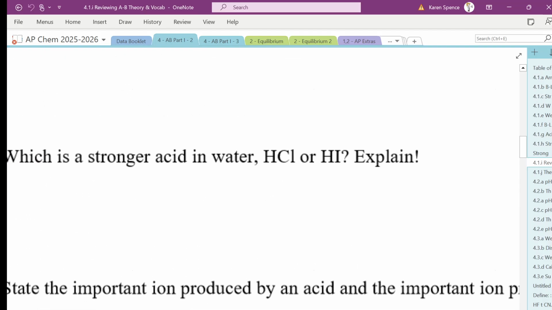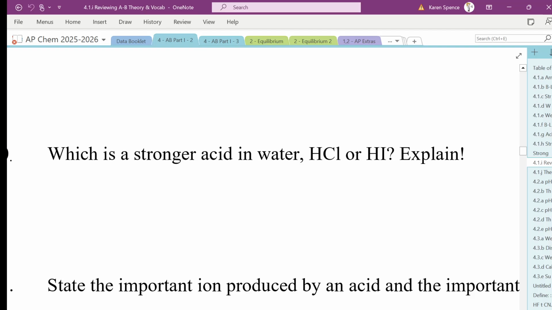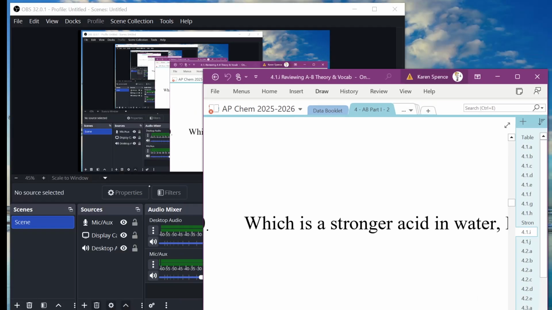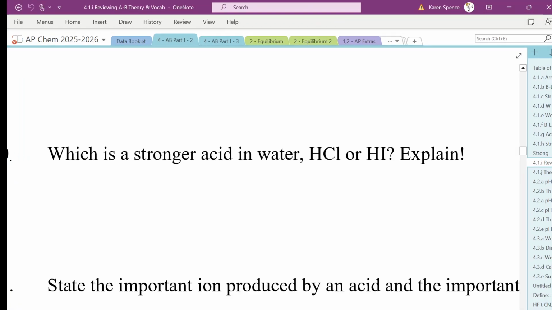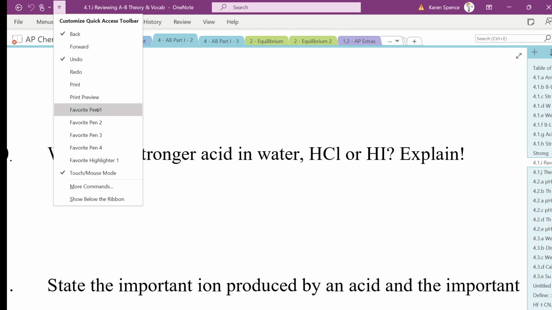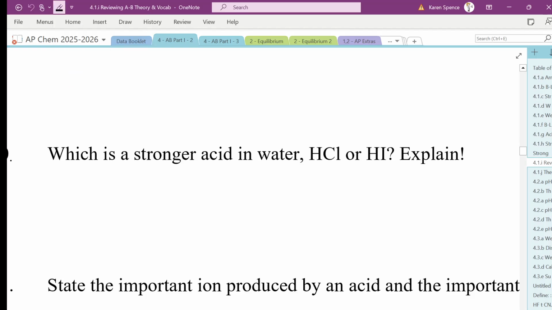Which is a stronger acid in water, HCl or HI? Is that the one? Okay, so the answer would be neither. And sorry?